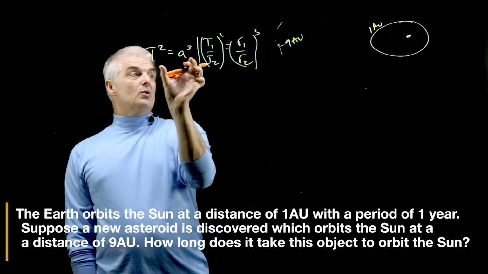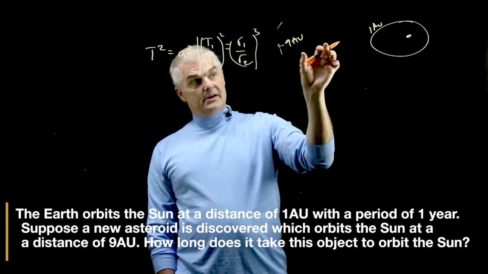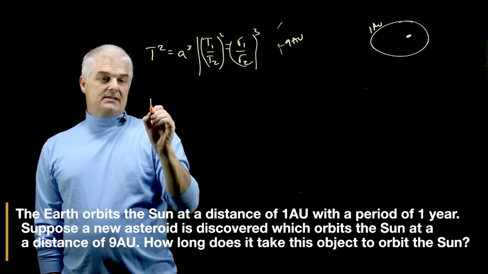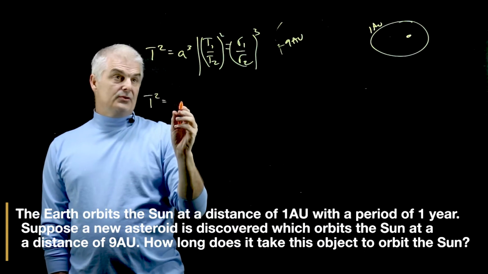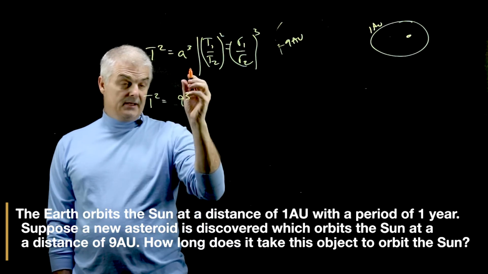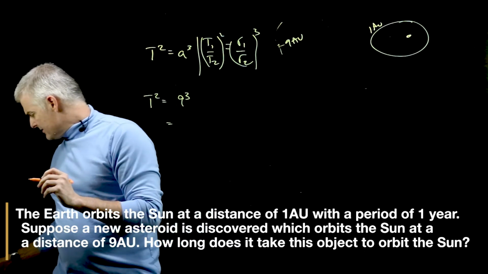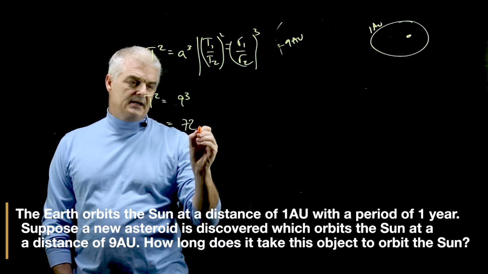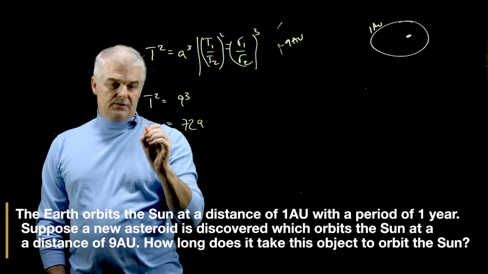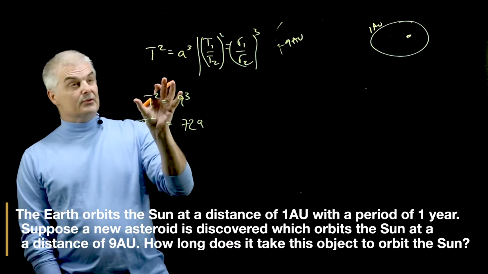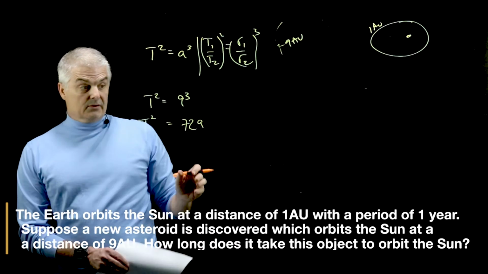So we know that it's 9 astronomical units away, so we can say T squared is equal to 9 cubed, and 9 cubed is like 700 something, right? 9 cubed is 729, and that's equal to T squared. Now remember, T is the period, in years, like it'll be 1 year for Earth, right?